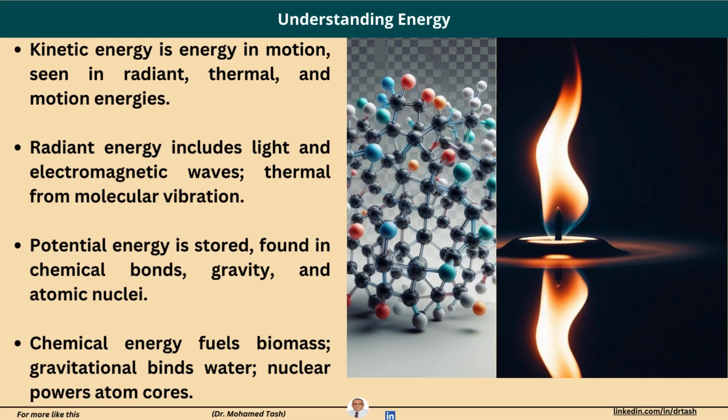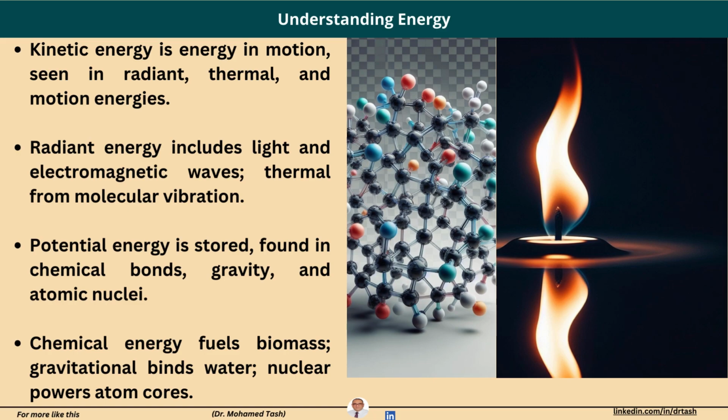Energy exists in numerous forms. Yet fundamentally, it is classified into two primary types: kinetic and potential energy. Kinetic energy pertains to the energy that an object possesses due to its motion. For instance, radiant energy is the energy of electromagnetic waves, encompassing light, X-rays, and radio waves, with sunlight being a prime example.